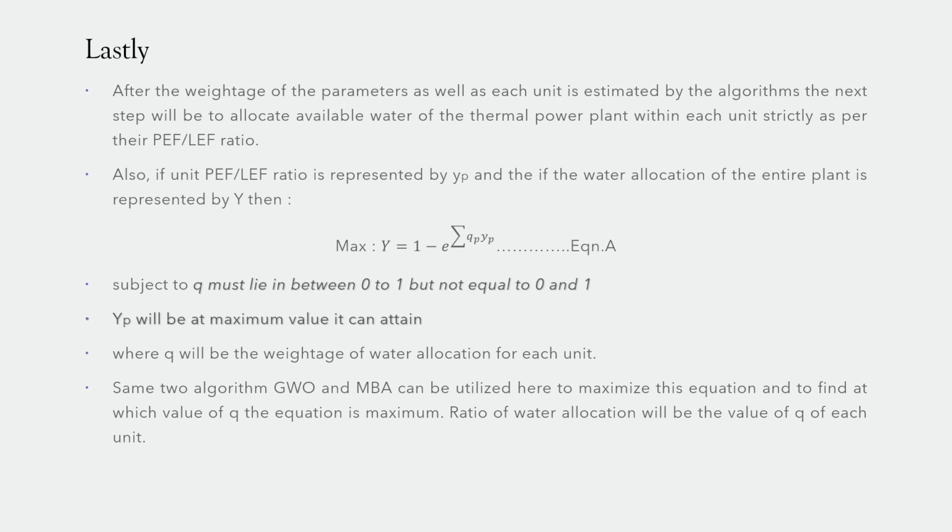So lastly, this is the closure. After weightage of the parameters, remember m, n, small ones, and after weightage of each unit, these big ones, are estimated by the algorithms, the next step will be to allocate the available water of the thermal power plant. Available water means the water supplied to the power plant, within each unit, strictly as per their PIF by LIF ratio.